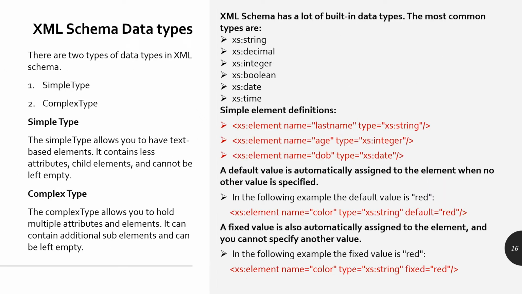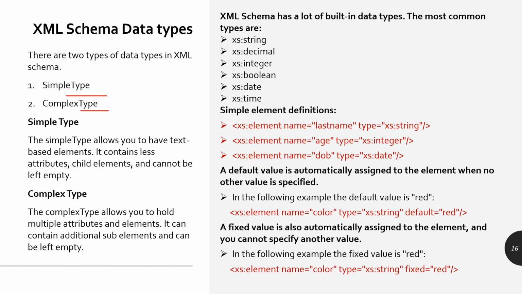Now we are going to discuss XML schema data types. Data types can be grouped into simple types and complex types. Simple type allows text based elements.